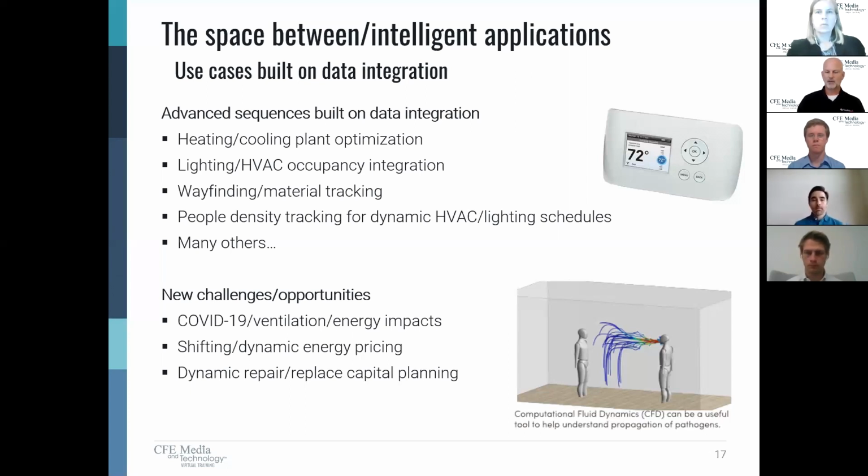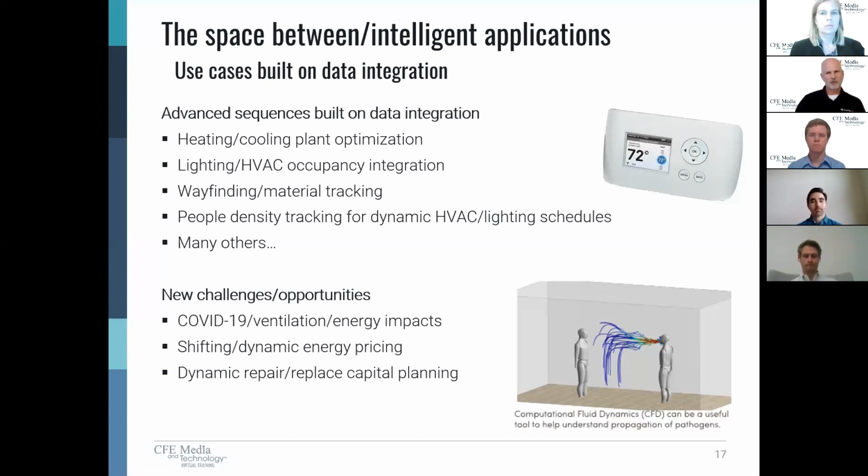So things like wayfinding and material tracking, accomplishing that through lighting systems that are going to be in place anyway, and systems that have an energy related value proposition when they're delivered. So how do we deliver that energy value proposition while looking forward to the next generation of solutions? We're having a lot of that kind of conversation right now.